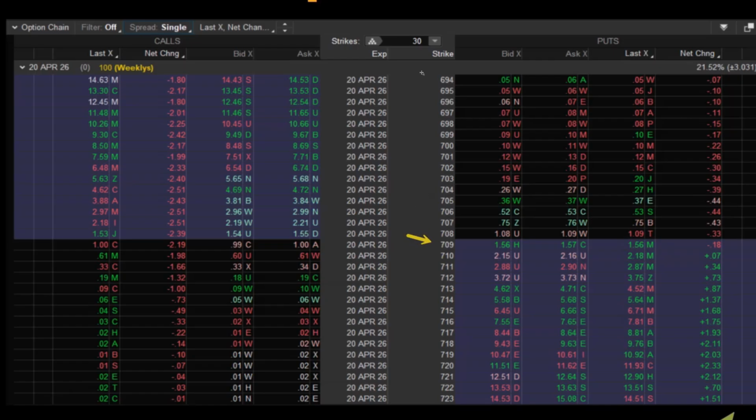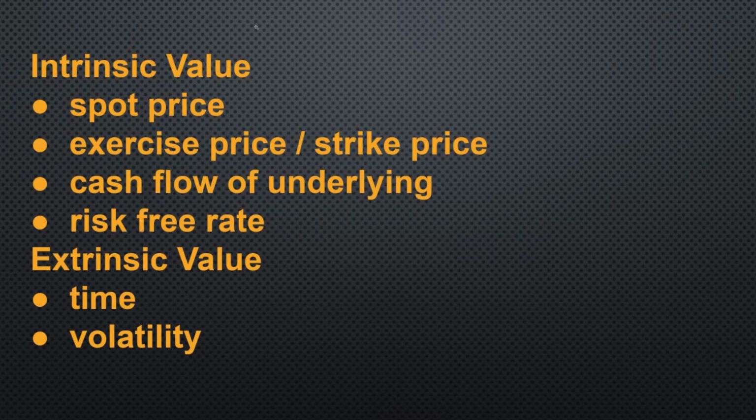So let's talk about, in this option chain, how these options are actually priced. There are two words that are used to describe what goes into an option pricing. They fall under the broad category of intrinsic value and extrinsic value. So the intrinsic value would be represented in this case, since the option is going to expire today, based on a little bit of time that's left, but more specifically the spot price.